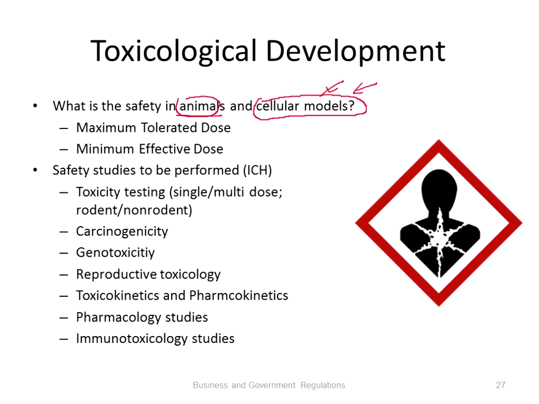And by using animal models, what you are trying to find out is the maximum tolerated dose and the minimum effective dose. Remember, that's the therapeutic window. So beyond the maximum tolerated dose, it's toxic, and below the minimum effective dose, it's subtherapeutic. So this is the therapeutic window.